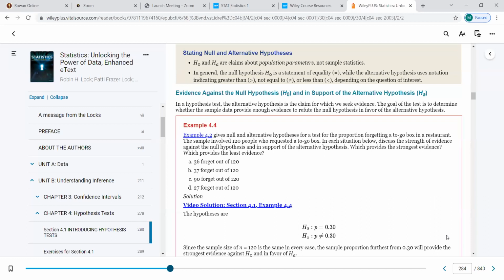The two possibilities when you do statistical tests is that you're going to reject the null hypothesis or you're not going to reject the null hypothesis, all right? Those are the two conclusions when you do a test. And it's possible that no matter which of these two you end up doing, a mistake was made, all right? So you want to try to minimize those mistakes, but it's possible.